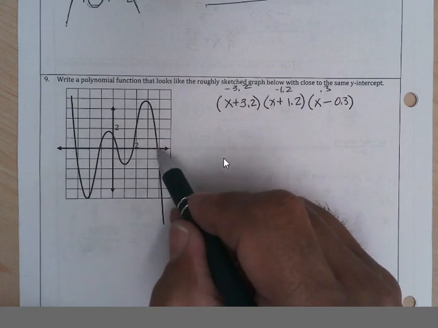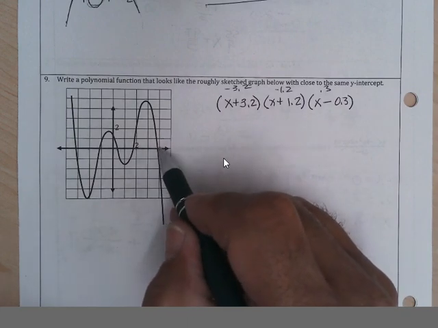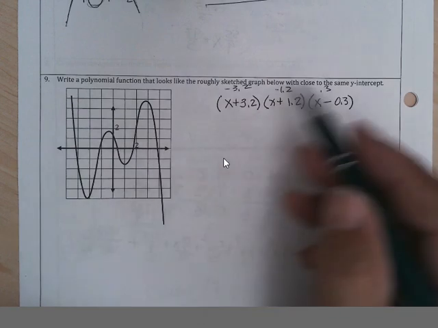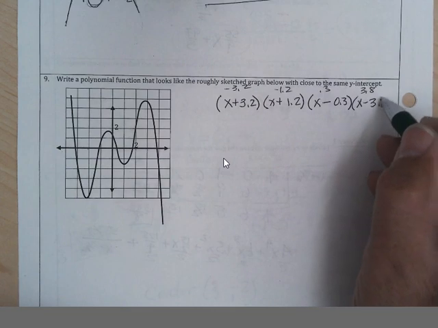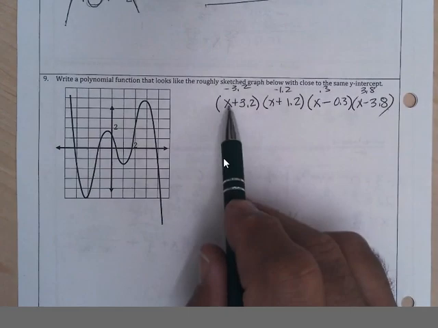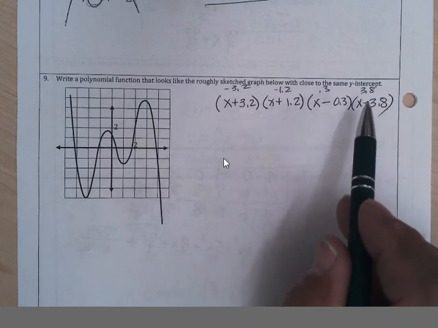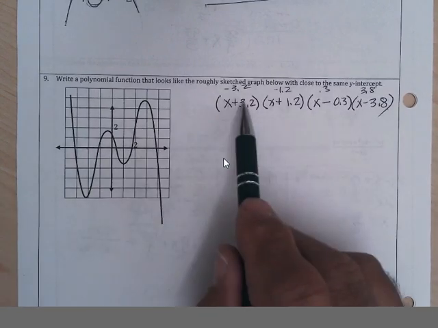And then it goes straight through here. Let's see, it's 2, 3, 4 here, so 3.8. So the factor is x minus 3.8. Now that would go x times x times x times x. That's 1, 2, 3, 4, 5. 1, 2, 3, 4.